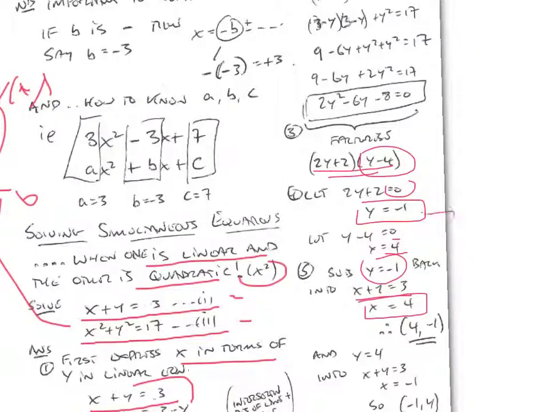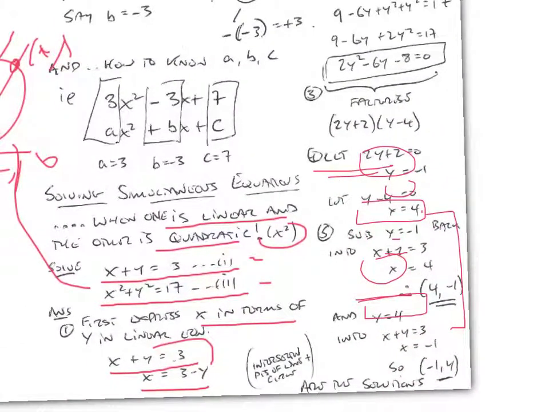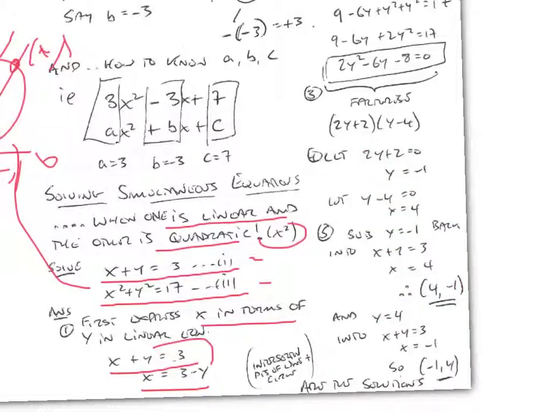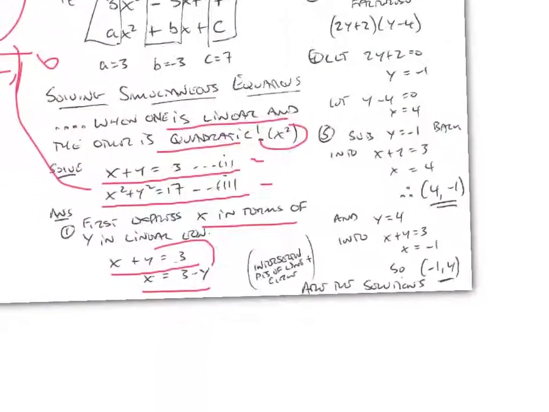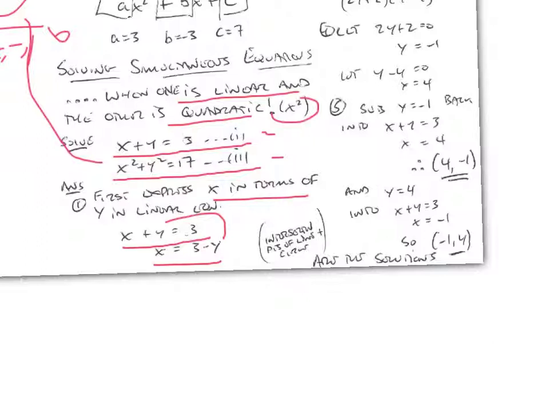So we have our first point here, 4 comma minus 1. And then if we sub y equals 4 into that first equation here, then we get x equals minus 1. So we have another point here, x is minus 1, y equals 4, and they're the solutions. And as I said, they are the 2 points where the line cuts the circle.